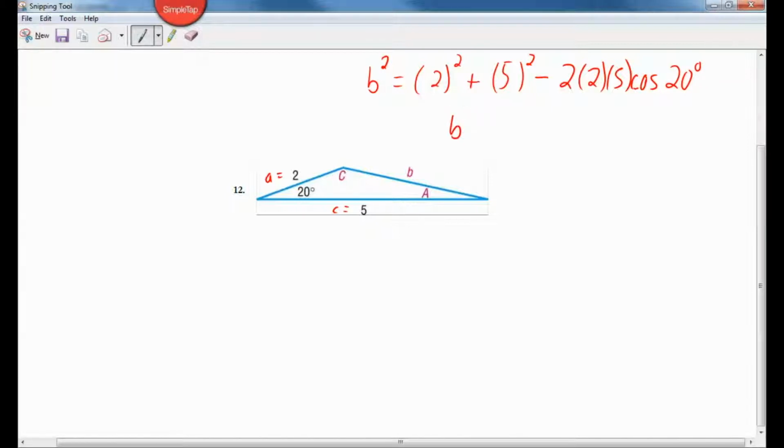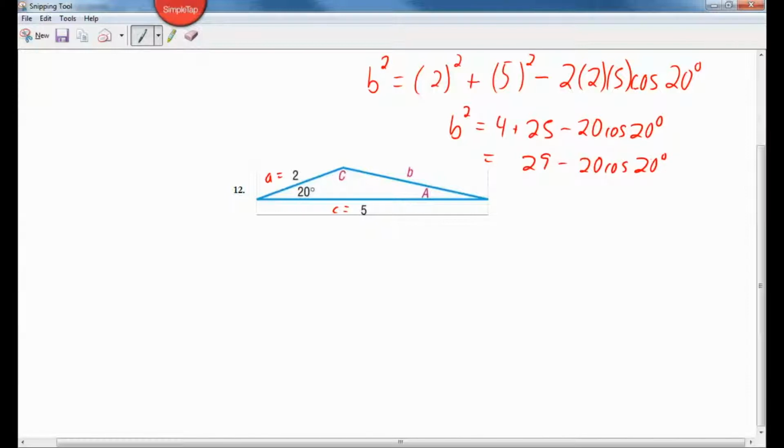Alright, so you want to work that out. B squared equals 4 plus 25 minus 20 cosine of 20 degrees, or 29 minus 20 cosine of 20 degrees.